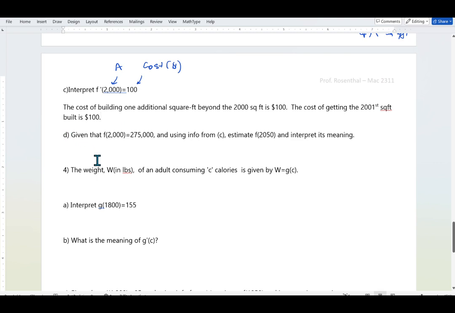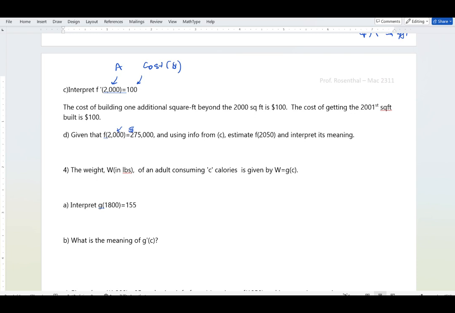Given that f of 2,000 is $275,000, so the cost of building a 2,000 square foot house is $275,000, use information from part C to estimate f of 2050. What is the cost of building a house that is 2,050 square feet, assuming that cost per square foot will remain constant between 2001 and 2050?